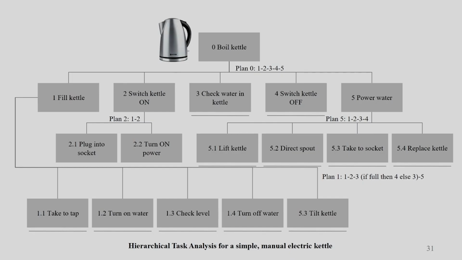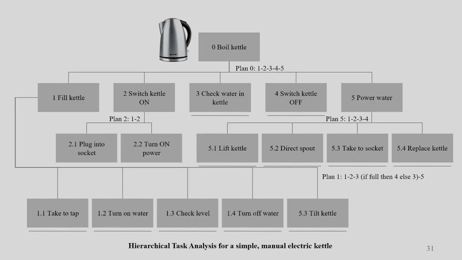So that way you can do it. When we are talking about filling the kettle, there are a few more steps. You need to take the kettle to the tap, turn on the water, check the level, turn off the water, and tilt the kettle. You can just check the water level and make it. So that way you can create your HTA.